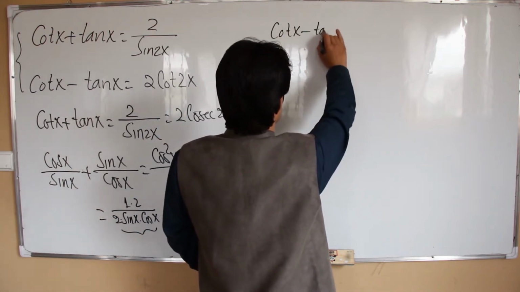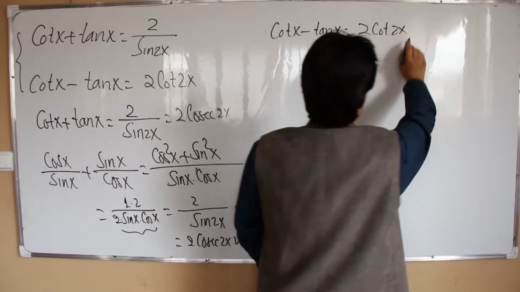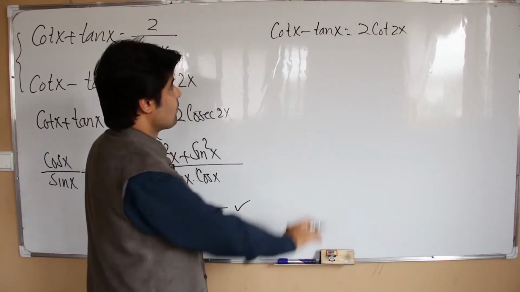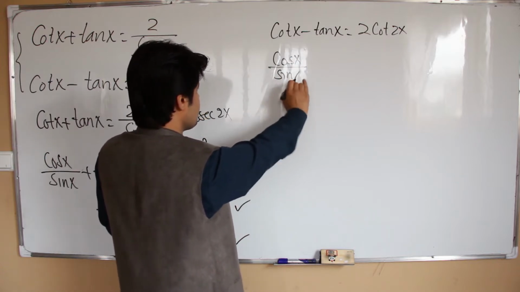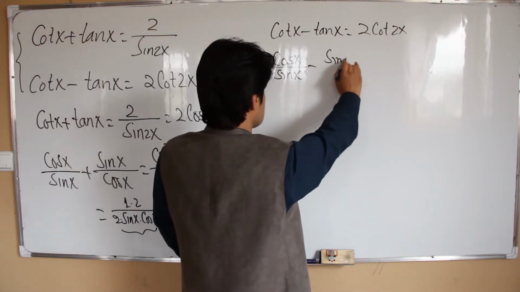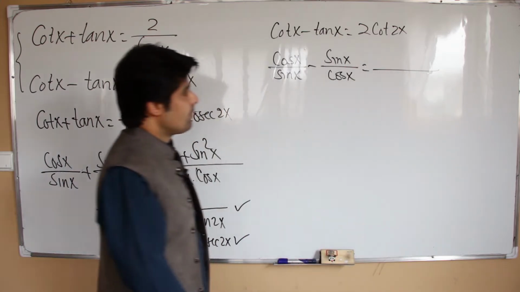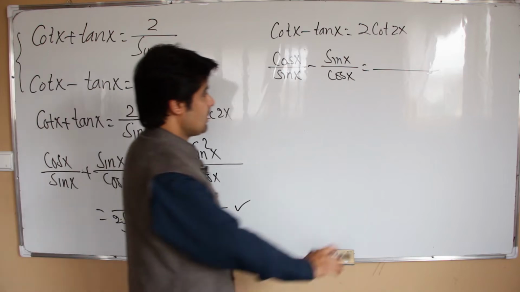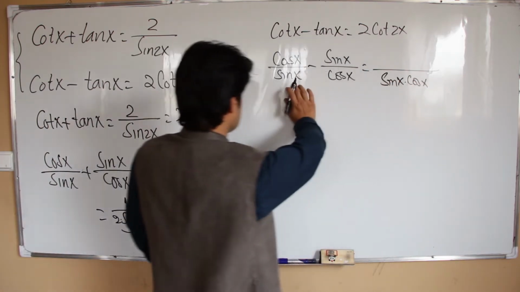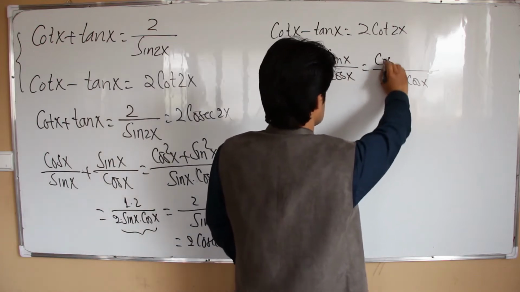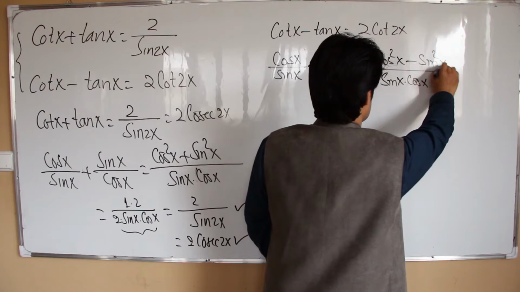The second one, cotangent x minus tangent x, should be 2 cotangent 2x. Am I right? Okay. Instead of cotangent, we can write cosine x divided by sine x, and instead of tangent, sine x divided by cosine x. Now, what do we have in the denominator as a factor? The multiplication of both of them, sine x times cosine x. Cosine times cosine is cosine square of x, and sine times sine is sine square of x.